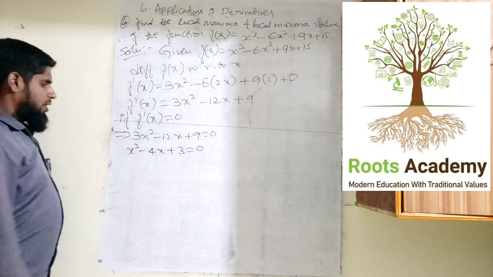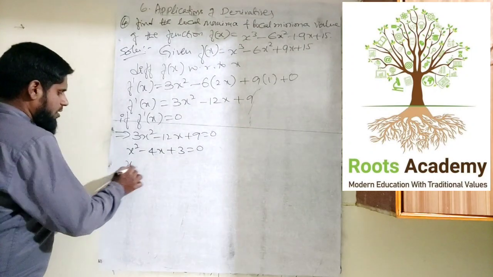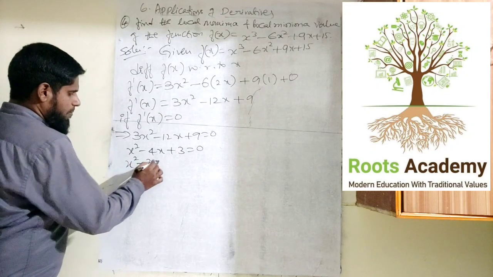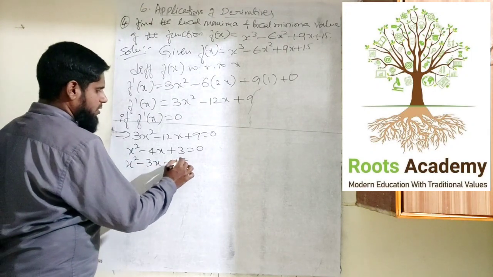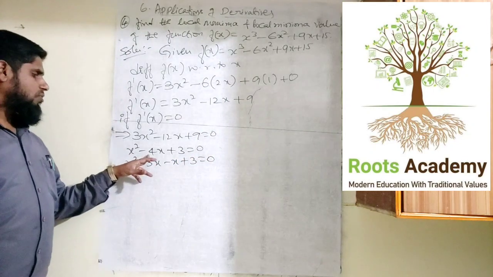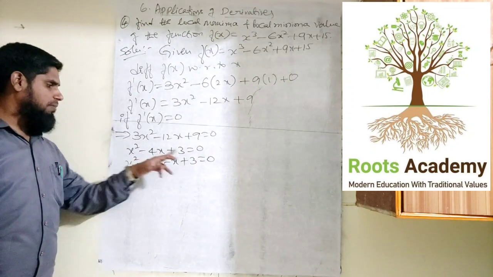Yes. Now if you factorize this, I will do the complete factorization: x² − 3x − x + 3 is equal to 0. Minus 4 if I add, and if I multiply the same two numbers I should get plus 3.